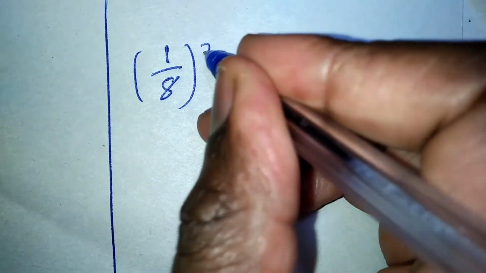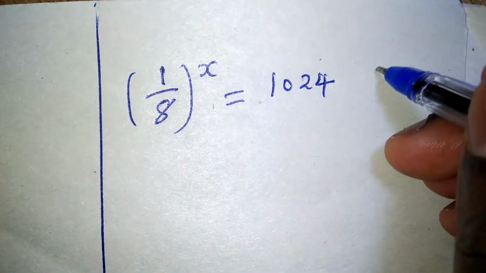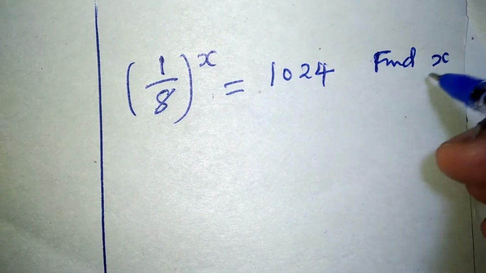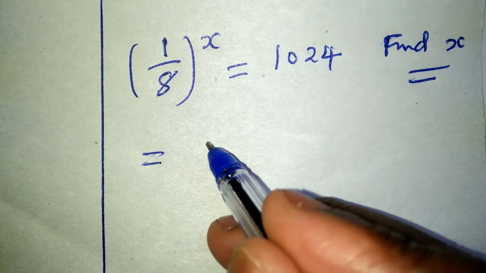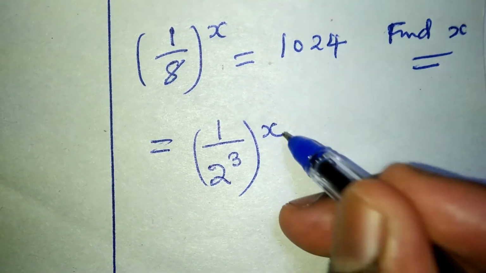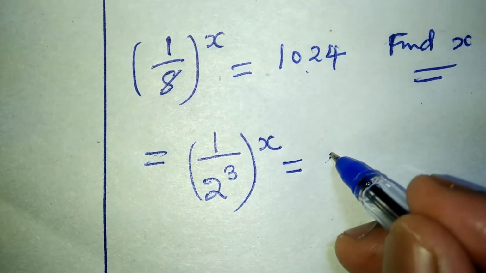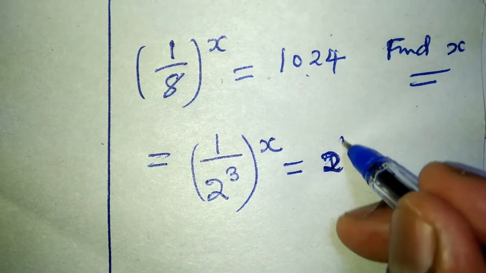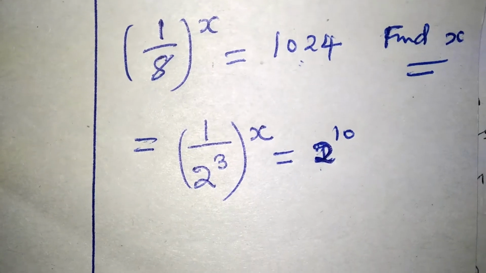Another example is when we have 1 over 8 raised to x is equal to 1024, and we are told to find x. To find x here, we simplify this by writing it as 1 over 2 raised to 3 raised to x is equal to, this 1024 becomes 2 raised to power 10, because 2 raised to power 10 gives us 1024.